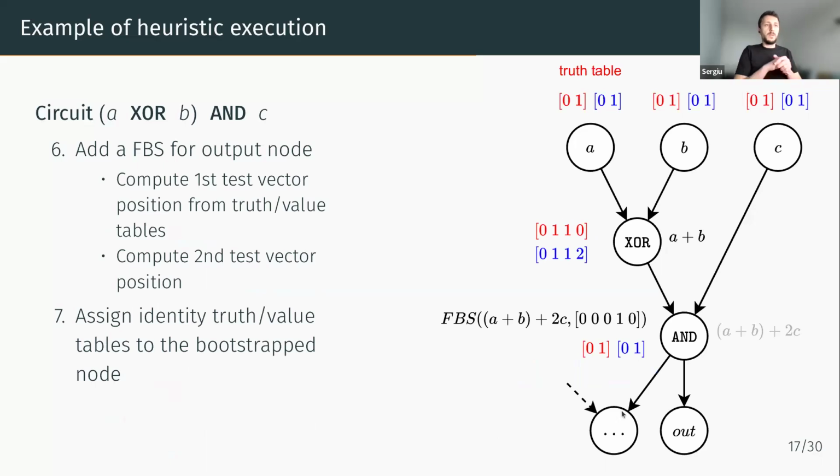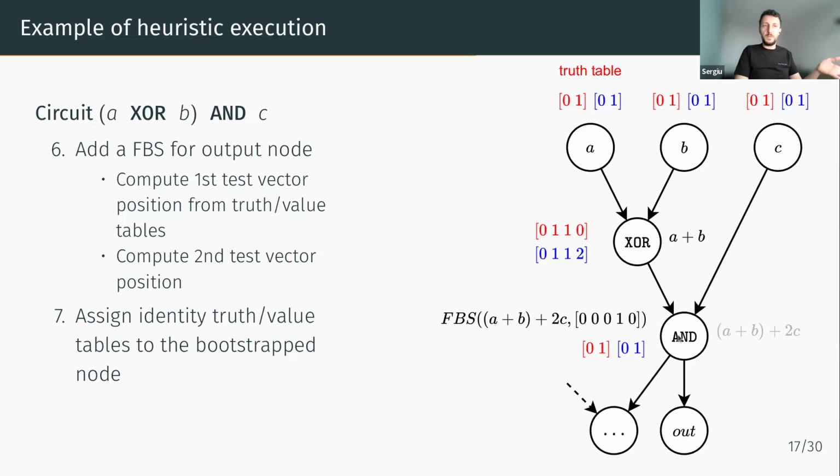Now, suppose that besides being an output, this node n is used subsequently in the circuit for other logic gates. In this case, we won't use the linear combination for node n, but we want to use the output of functional bootstrapping for this node, because we already computed the bootstrap.